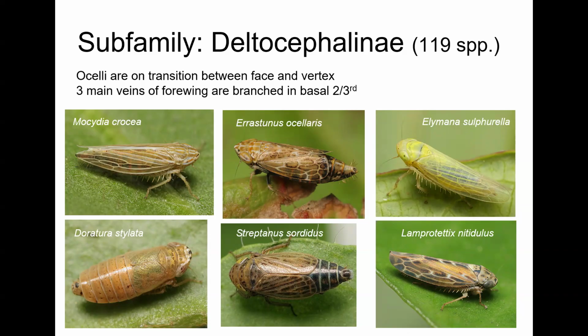I put in the one on the bottom right here because that one is a bit of an exception to the rule, because this is a species from a group within the Deltacephalini which do feed on grasses, but they are often referred to as what are called vertical migrants.